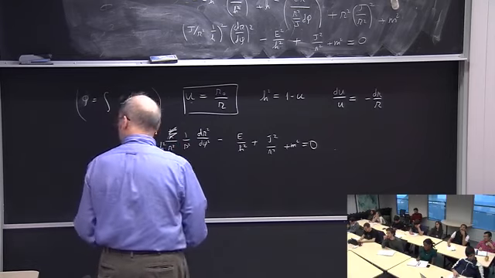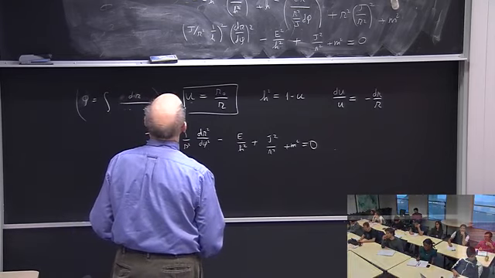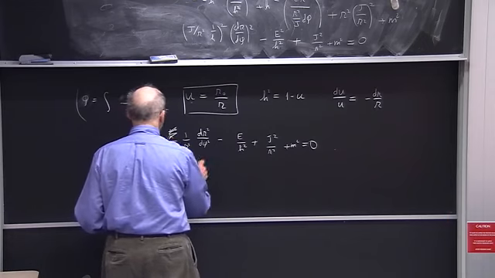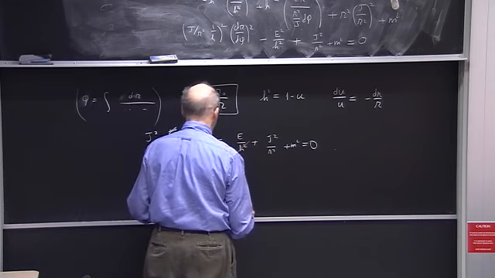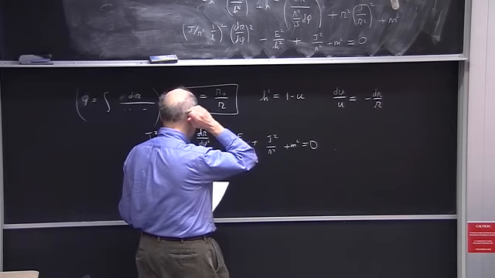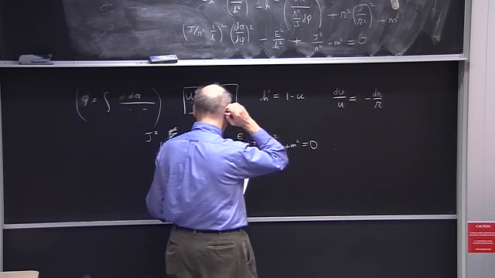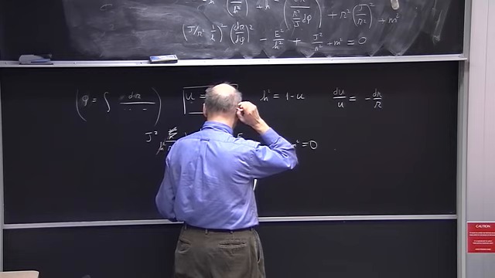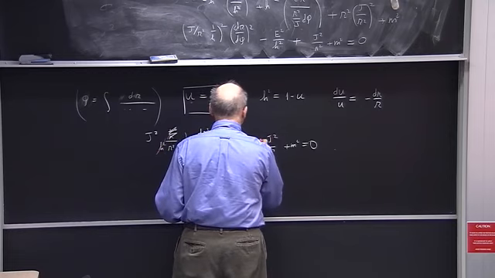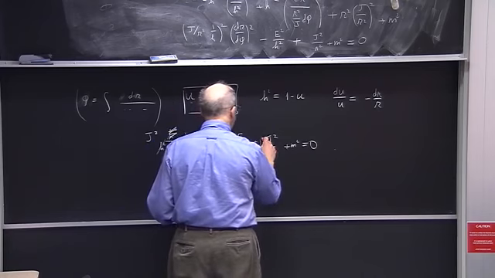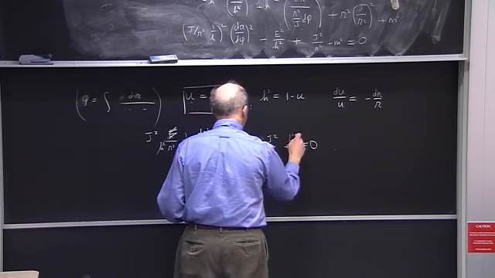Okay. So now if we multiply through by h squared, now that it's where it should be, this will go away. This will go away. But we'll get, well, it should be here that we'll get an h squared. And here we'll get an h squared.